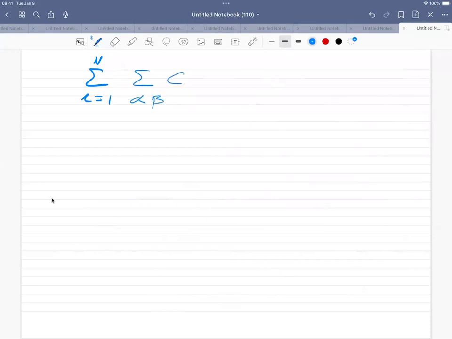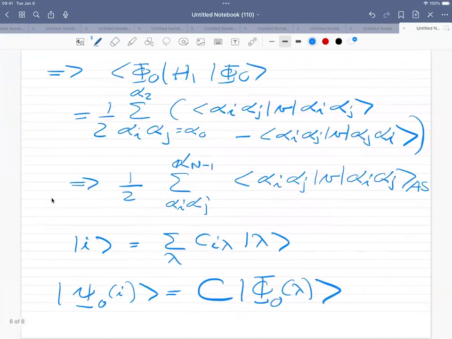And now we need to have a C alpha of I overlap, and then I have a C beta of I. And this is multiplied with the integral given by this. So what I'm doing now, I'm simply setting in the expression which you see here, and then relating the two expectation values.